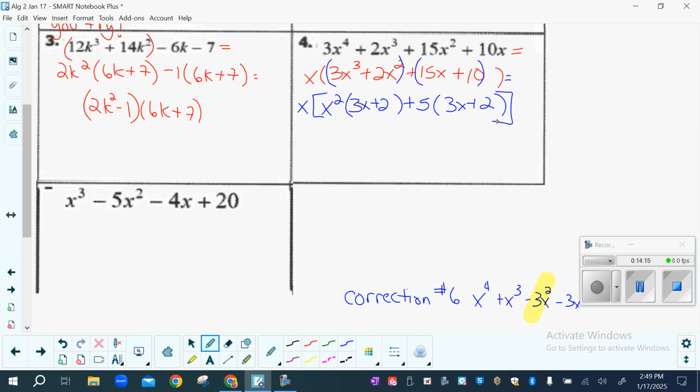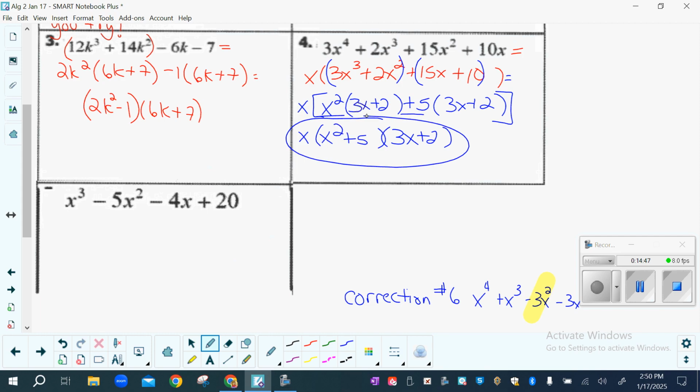So we have what in common with these two here? 3x plus 2. So x times 3x, let me, since I did it this way before, 3x plus 2 here, and then x squared plus 5 on this one.